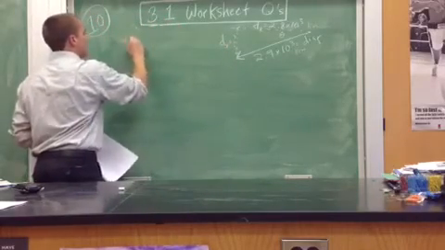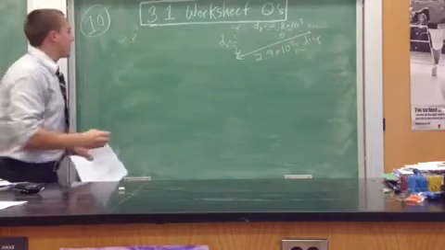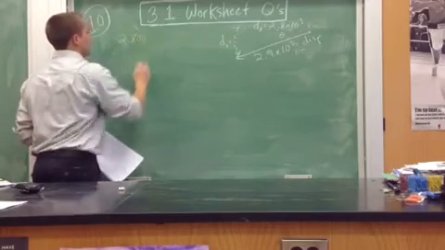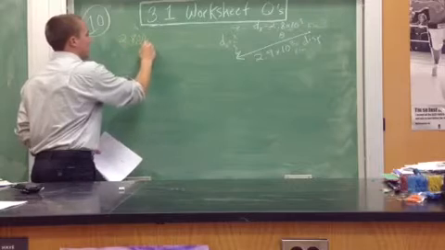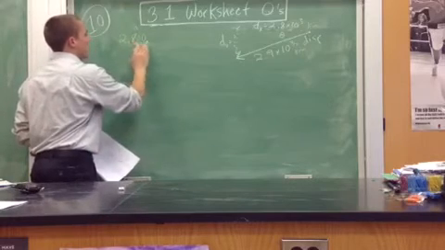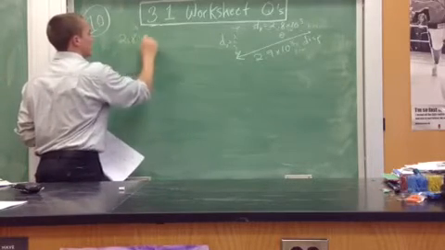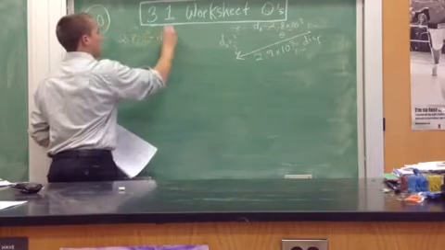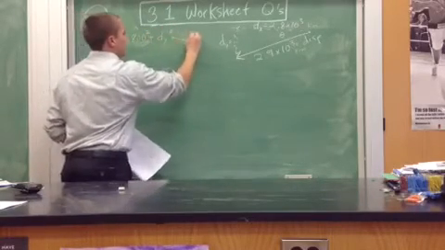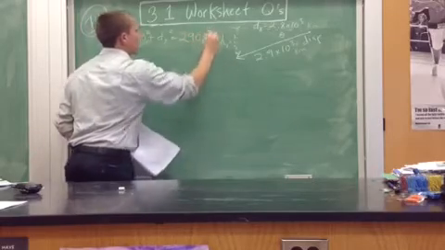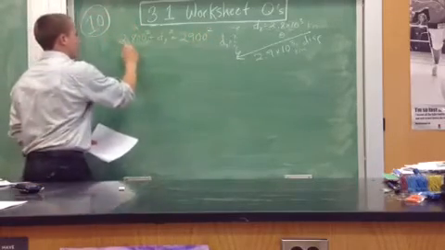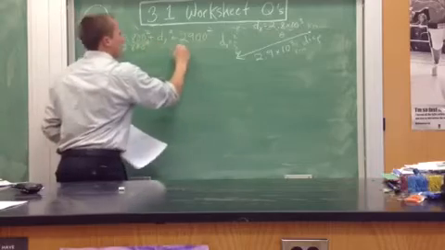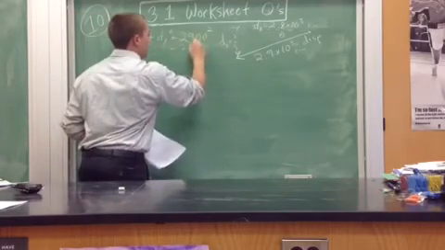Let's go ahead and change 2.8 times 10 to the third just to kilometers. We'll move it over 3 places, and we'll just get 2,800 kilometers, plus y component, both these are squared, equals 2,900 squared. We'll subtract 2,800 squared from 2,900 squared.